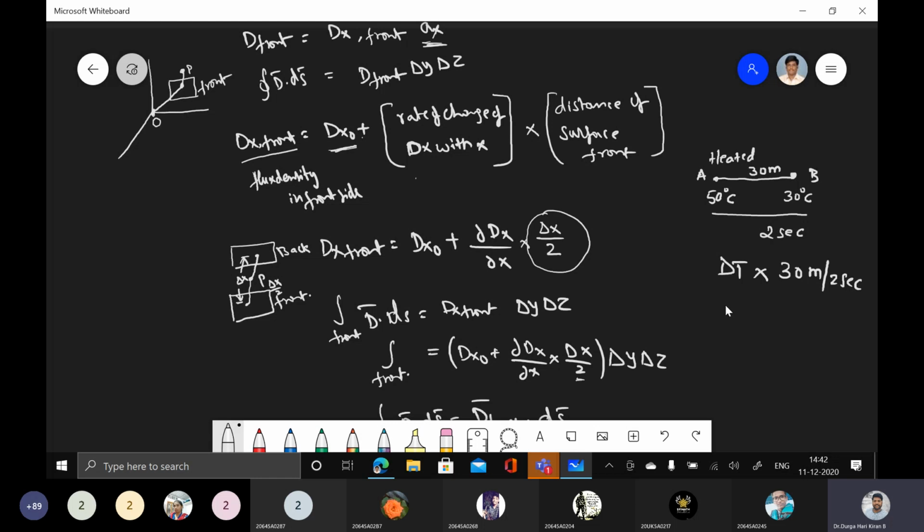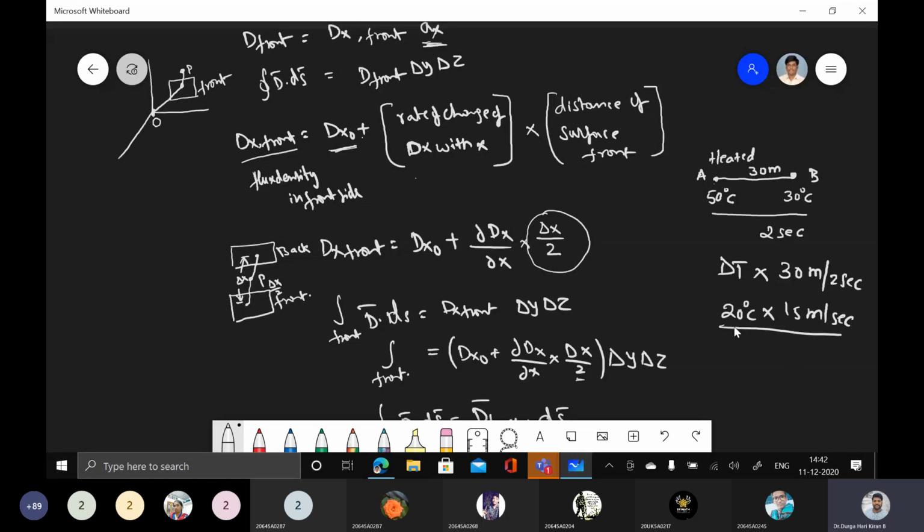So 50 minus 30 is 20 degrees Celsius multiplied by 15 meters per second. This is the rate of change of the temperature of this object moving from point A to point B.